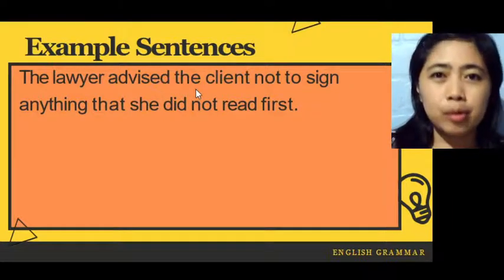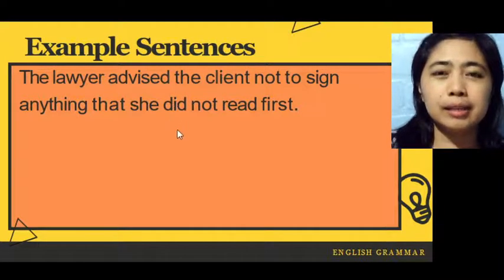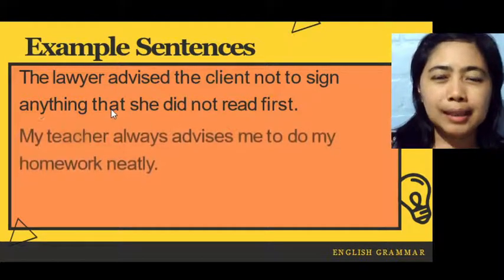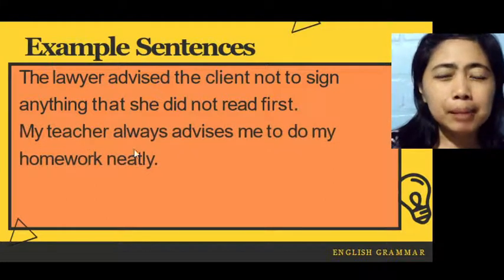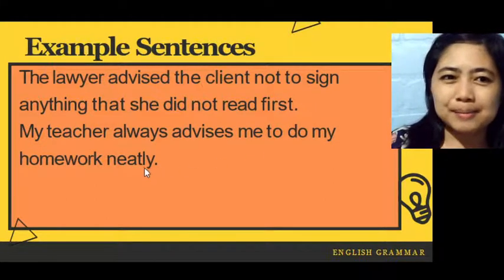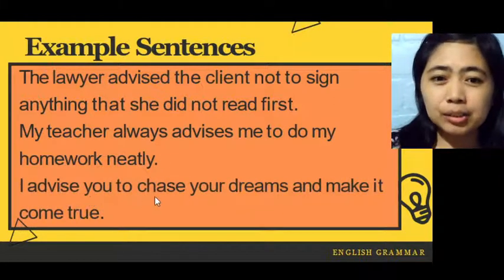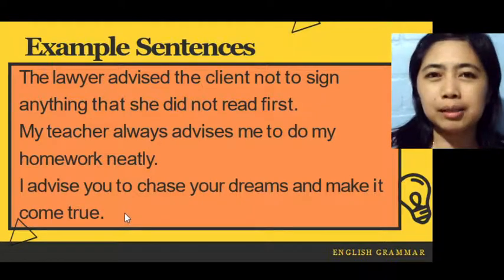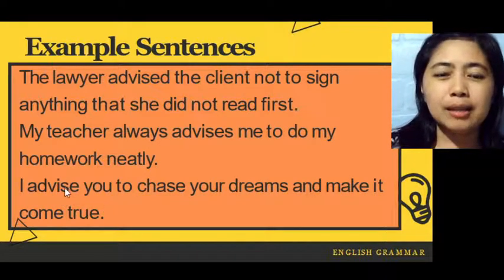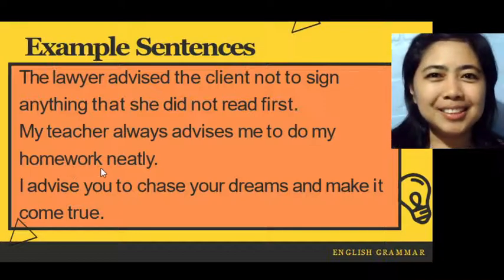Second sentence: my teacher always advises me to do my homework neatly. Next sentence: I advise you to chase your dreams and make it come true. Again, they are used as verbs in sentences. I hope it's easy this time.